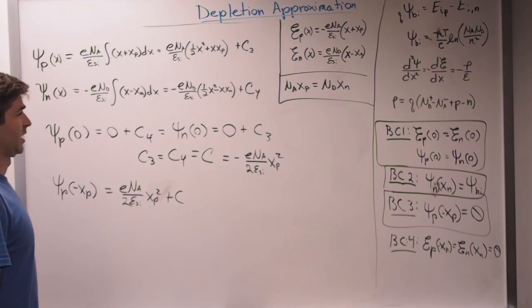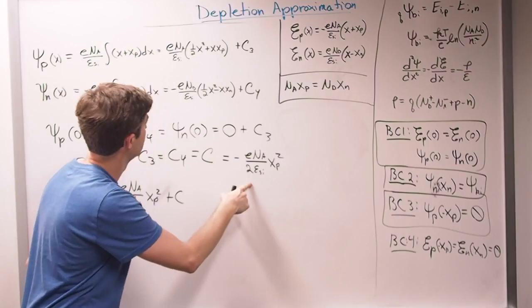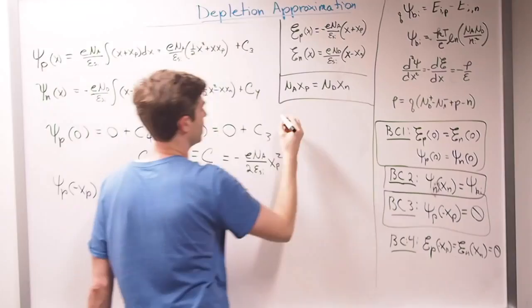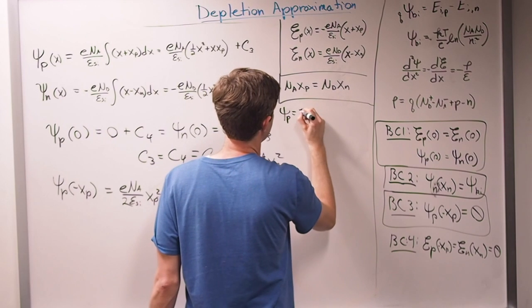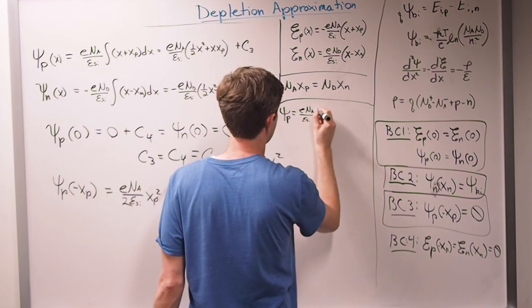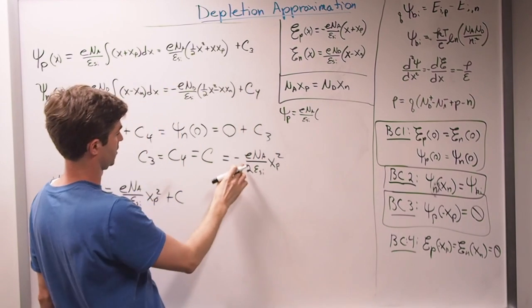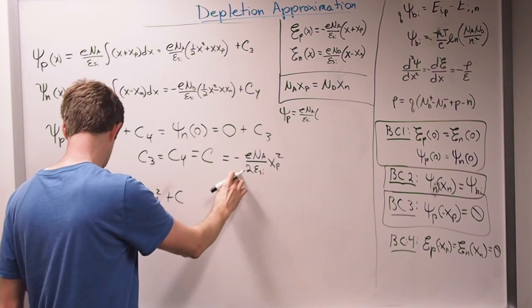So now we have equations for both terms. When I plug this in, what I end up getting is psi p is equal to ENA over ESI, right? This goes into here. Let me make sure I did that right.